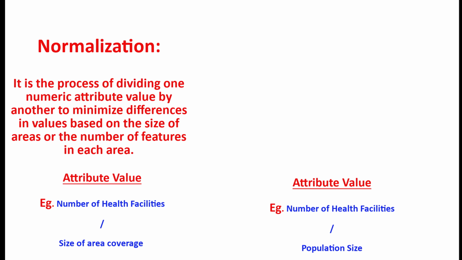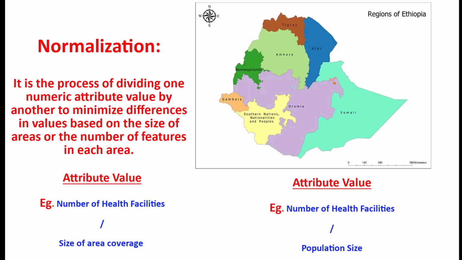A common mistake by beginner mappers or map makers is to disregard normalization when they are working with especially population dependent data. So you can make a count of the number of facilities in two regions.